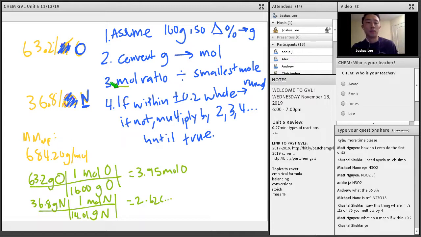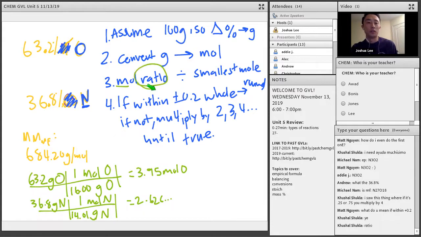A mole ratio. So mole ratio meaning I have to divide, and I have to divide by the smallest mole. In this case, the smallest mole is 2.626, so divide by 2.626. That will make me 1 mole of nitrogen.